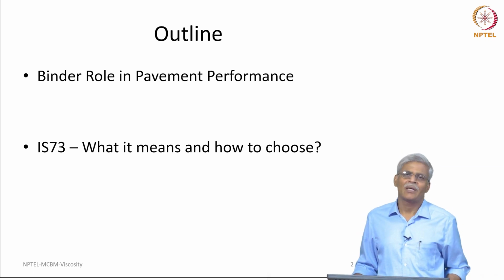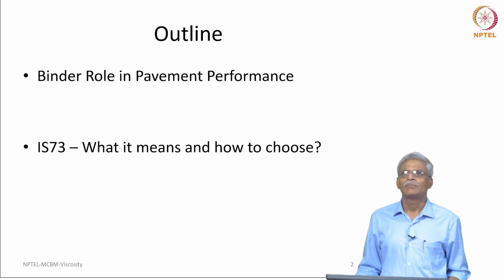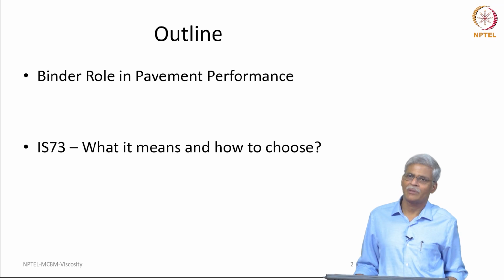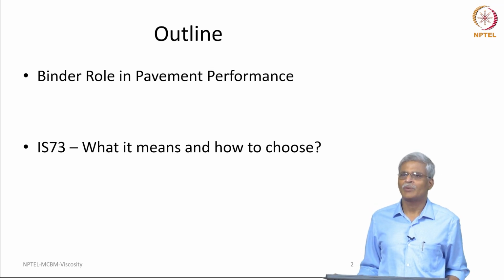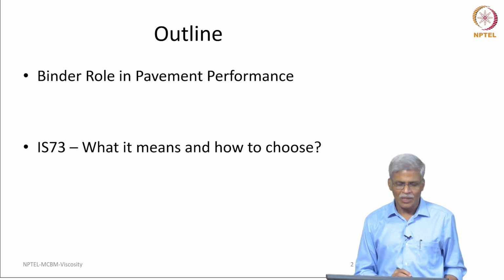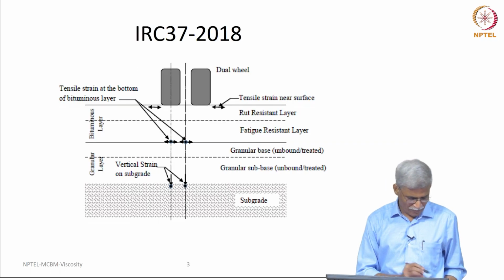And as far as India is concerned, we use the IS 73 specifications for viscosity grading, and in fact this specification was written at IIT Madras based on a generous funding from Bureau of Indian Standards, and so we are going to see how we have to use these specifications in an appropriate way.